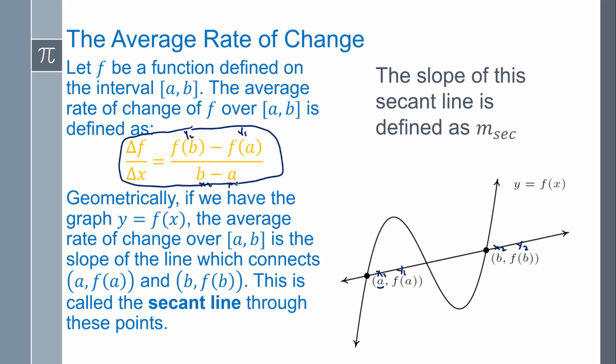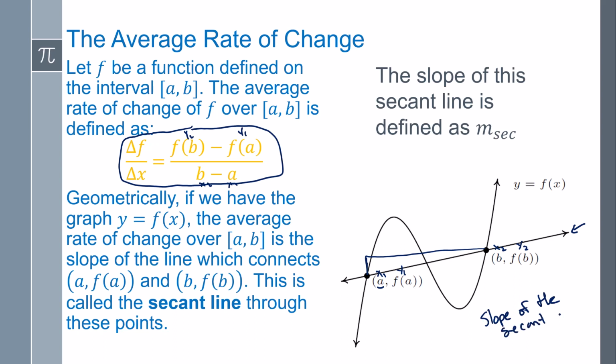Now, if I wanted to create a line, like drawn in this graph, that line that's created between those 2 points, we call that the secant line. And this rise over run, we call that the slope of the secant line.